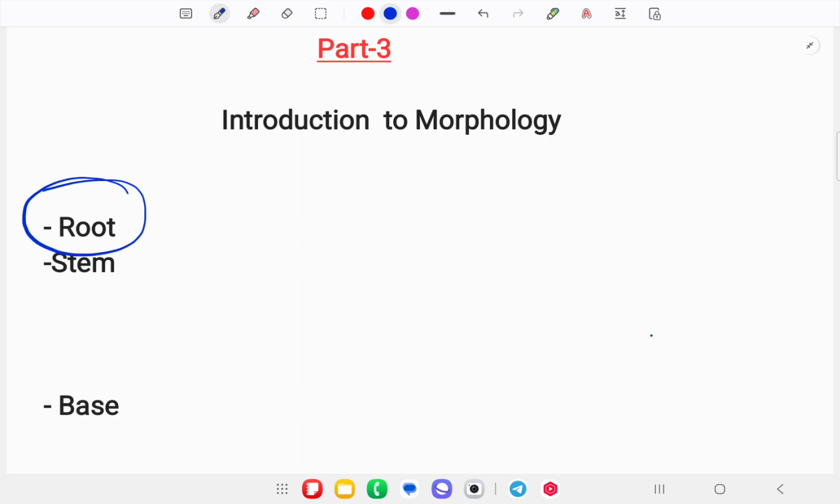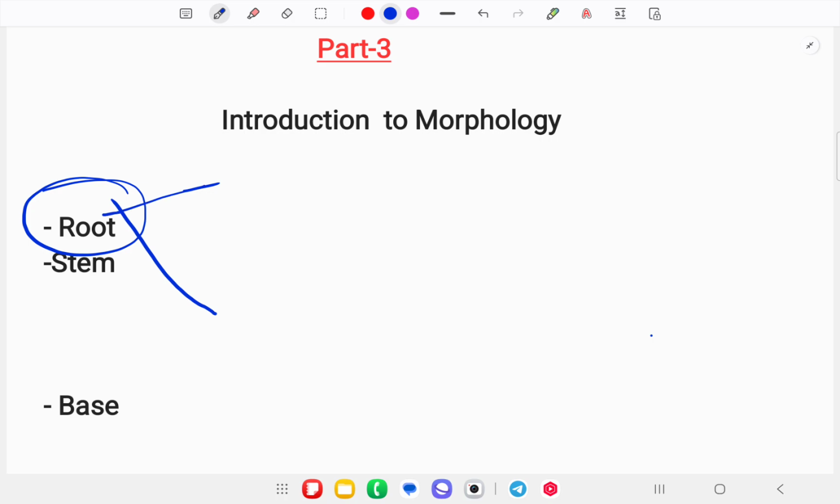As we know, the root is the central part of the word, a definition given by Panini. Here we will talk about two perspectives of the root: the first given by Panini, and another given by modern linguists.